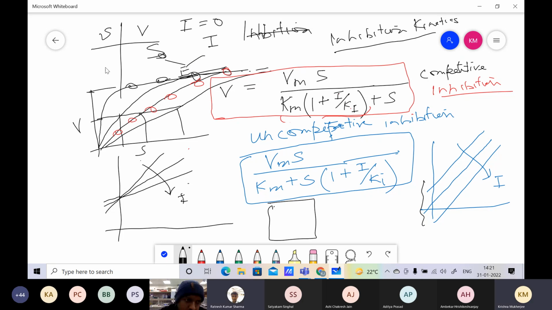Then you do another S versus V plot for I equal to 1, then for I equal to 2, and so on, right? Yes, sir. This is S, and then you see whether your slope is changing or not changing, but your intercept is not changing. Are you saying that you get the same V by S for your different S values? This plot is exactly the same.